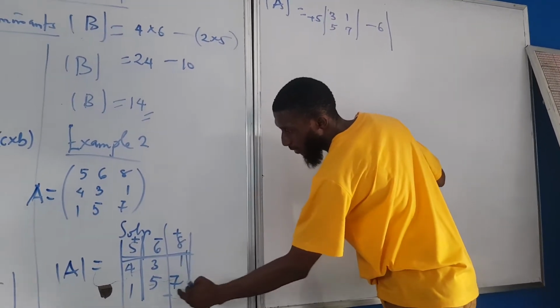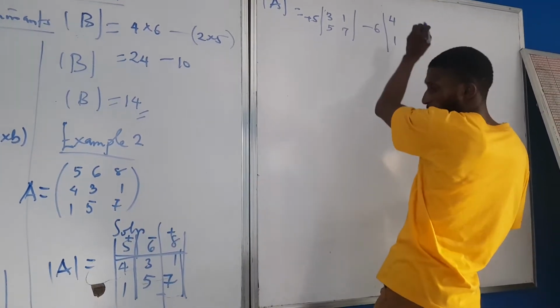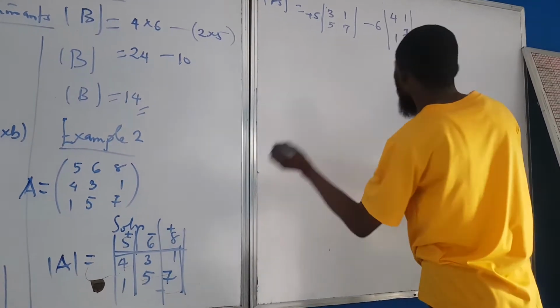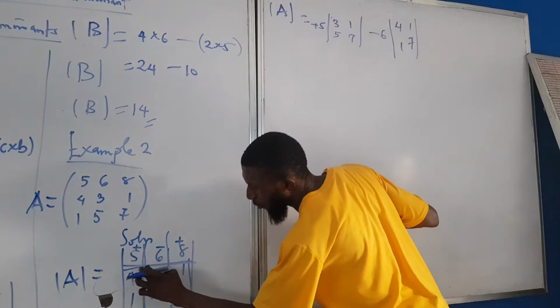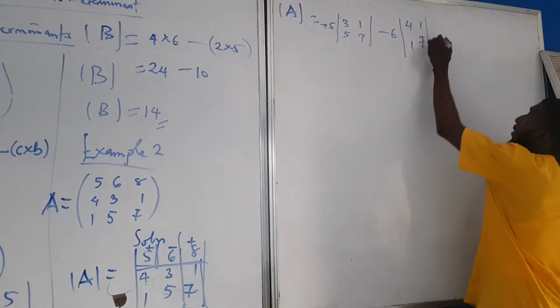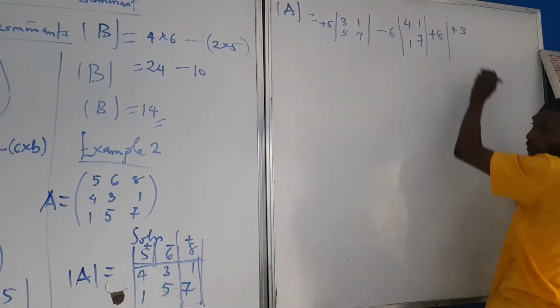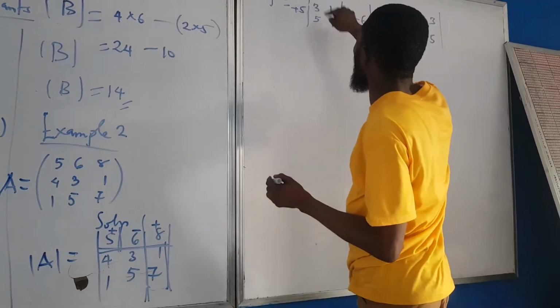We have 1, 7, 4, and 1. So we have 4, 1, 1, 7. And for the last number here, we have 8. For 8, we pick the minor of 8 too. The minor is 4, 3, 1, 5. We have plus 8 times 4, 3, 1, 5. Then we now find the determinant of this.